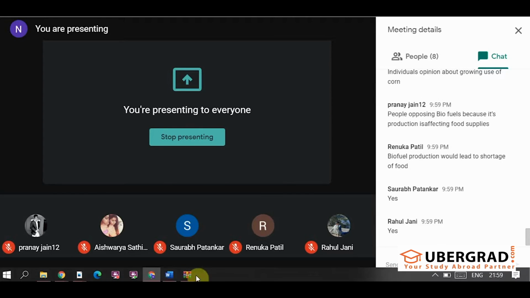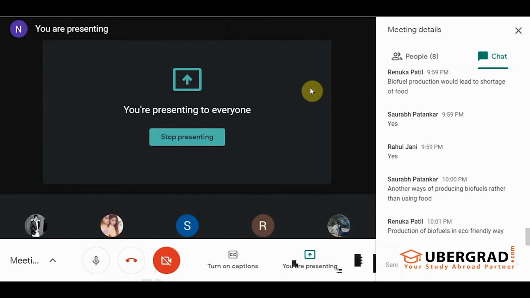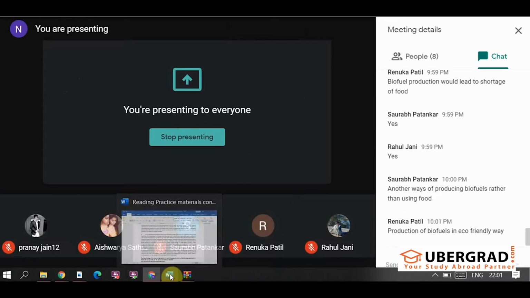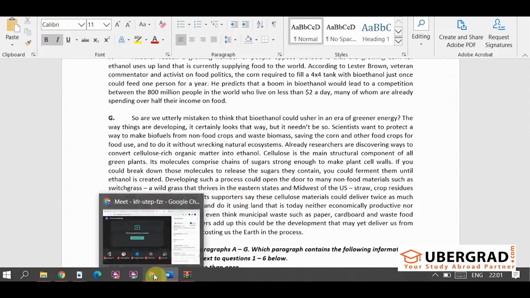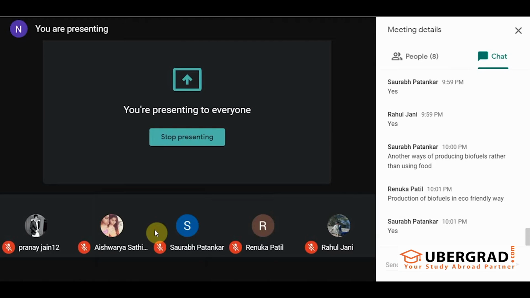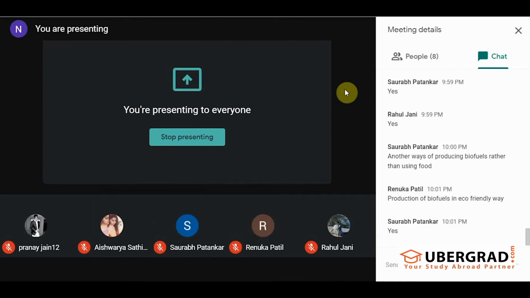Good. Rather than using food, okay. Production of bioethanol in eco-friendly ways. Okay. Eco-friendly ways or non-food crops and waste biomass, right? Like, what are the alternate ways in which we can produce biofuels if we are not using food, from non-food ways, right?